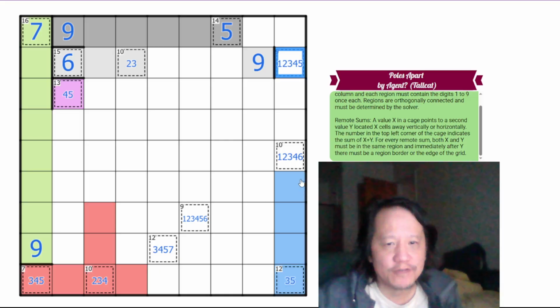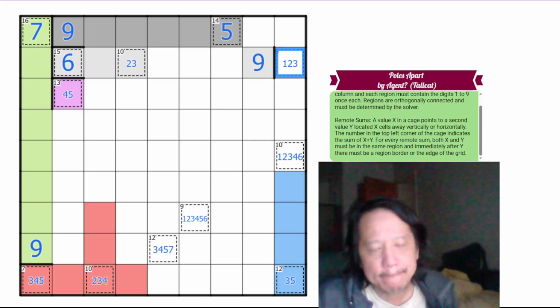This cannot go 5. Because if it's 5, it would have to go this way. Can it go 4? 1, 2, 3 is the max. So this is 1, 2, or 3 then.